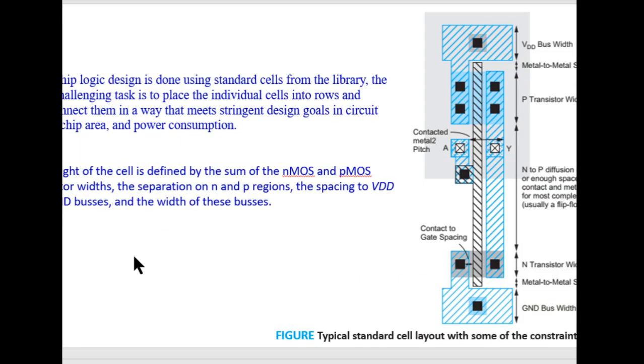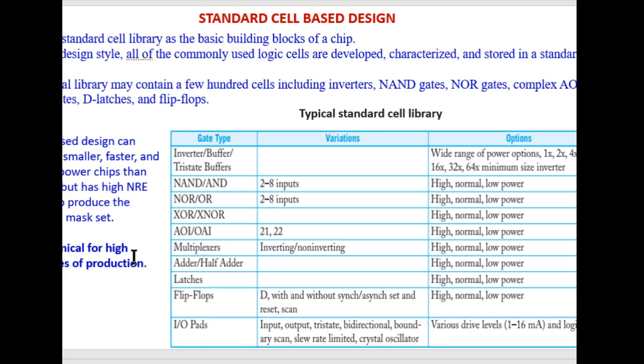so this was all about standard cell based design. So what are the features? There will be a library. The library will contain a certain number of different types of components, having different flavors, different sizes, varying numbers of inputs, and different kinds of output fan outs.